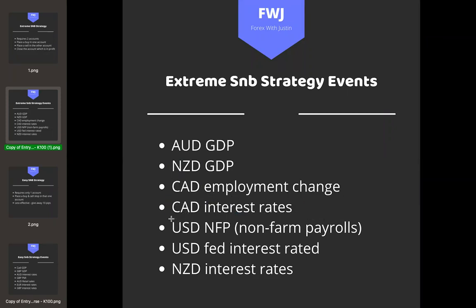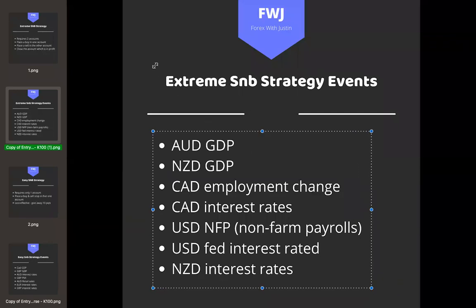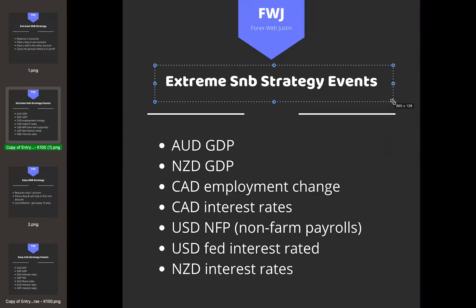CAD interest rates, USD NFP, non-farm payrolls, then there's USD Fed interest rate. Then there's NZD interest rates. So yeah, any news event that's not here, we don't trade it. Especially with the extreme, we don't trade it. So yeah, I'll send you a picture of this on WhatsApp after the lesson.